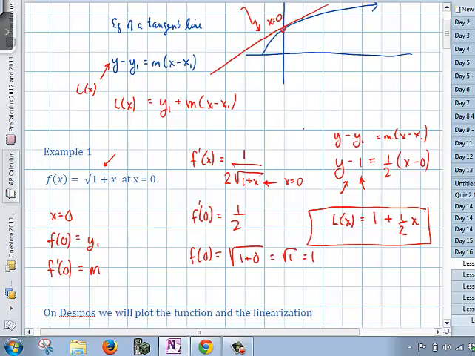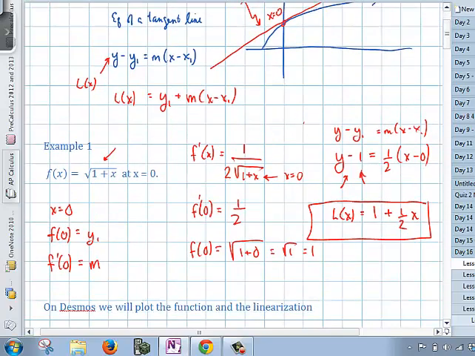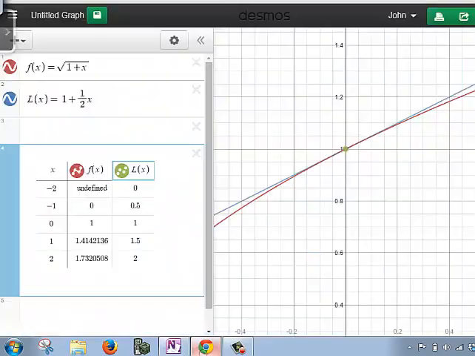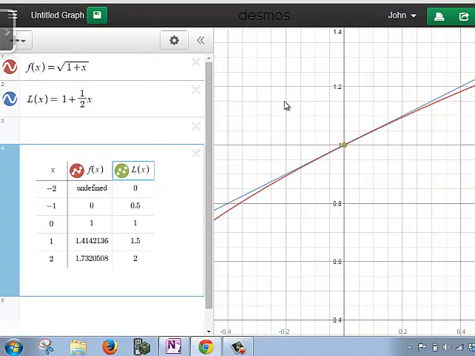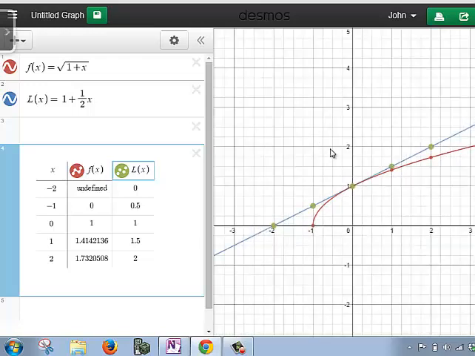Let's take a look and see how close this approximation is to the actual curve. What I'm using is this internet tool called Desmos. As you look on the graph here at the right, I'm just going to zoom out so you can see the square root function has been moved over. Let's just look at the square root function. There you can see the function has its basic shape.